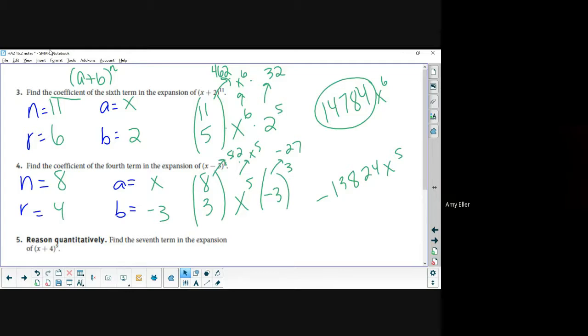If it says find the 4th term, you circle the whole thing. If it says find the coefficient of the 4th term, just circle the coefficient. Let me see what I typed. 8 math. 56, is that what you said?